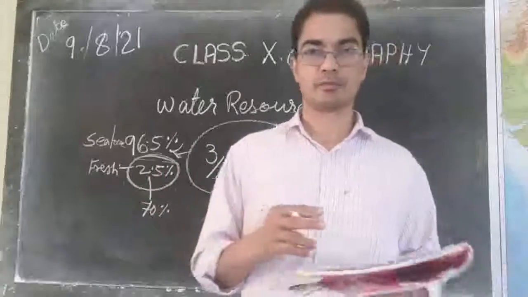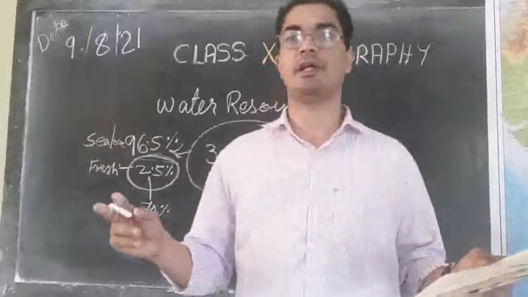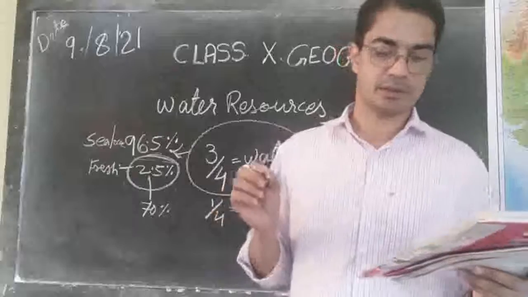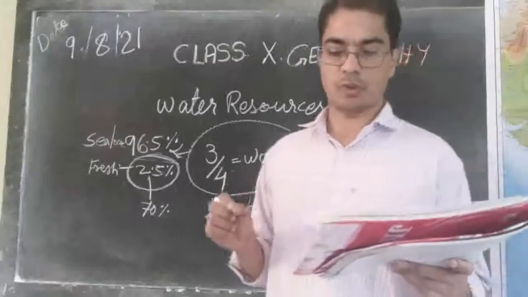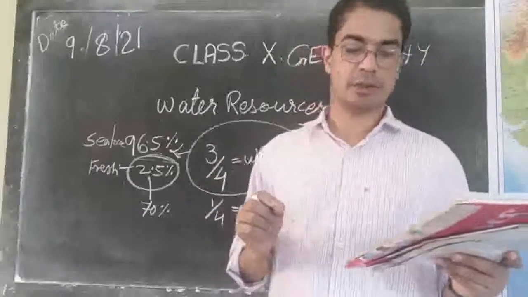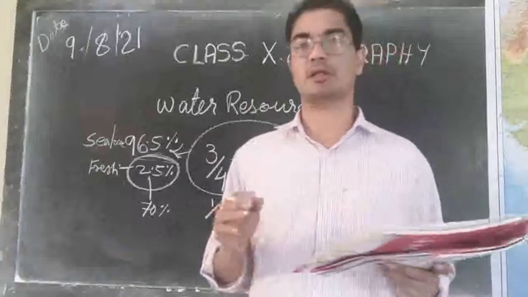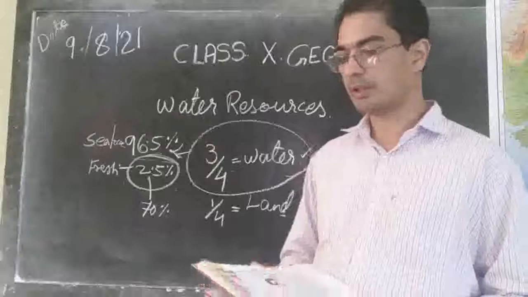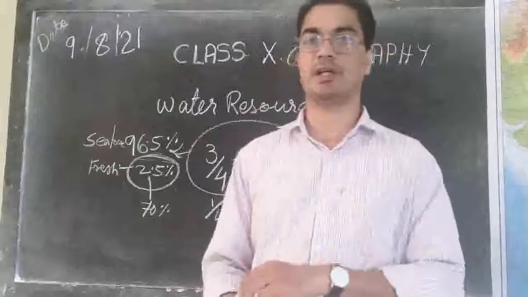If you measure the area where the water remains, then we can know that in a year 1897 square kilometers are covered with fresh water. So that is the situation of water in India.